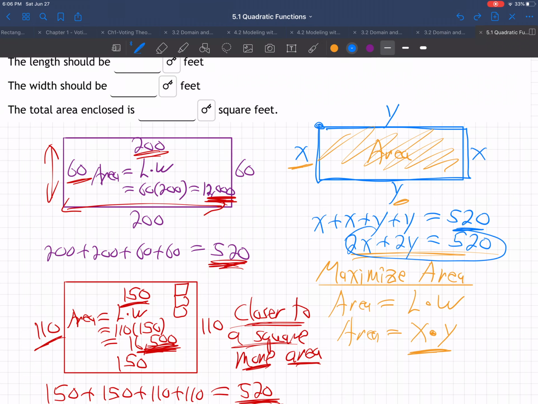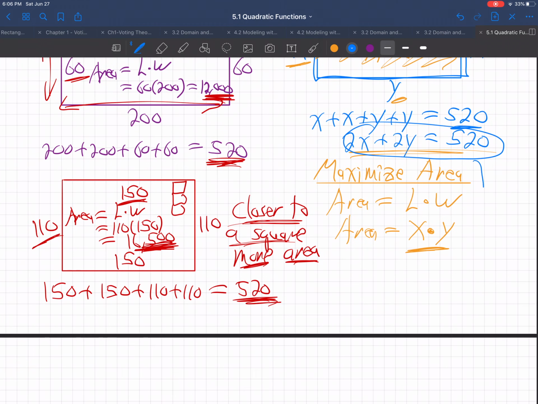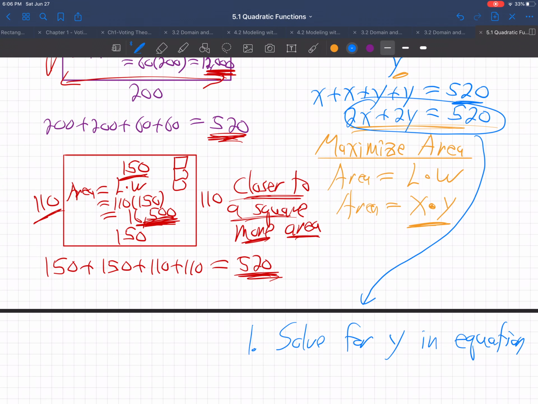This other one is definitely an equation, so let's start with that. Here's step one: solve for y in the equation, not the one you're trying to maximize, the other one.